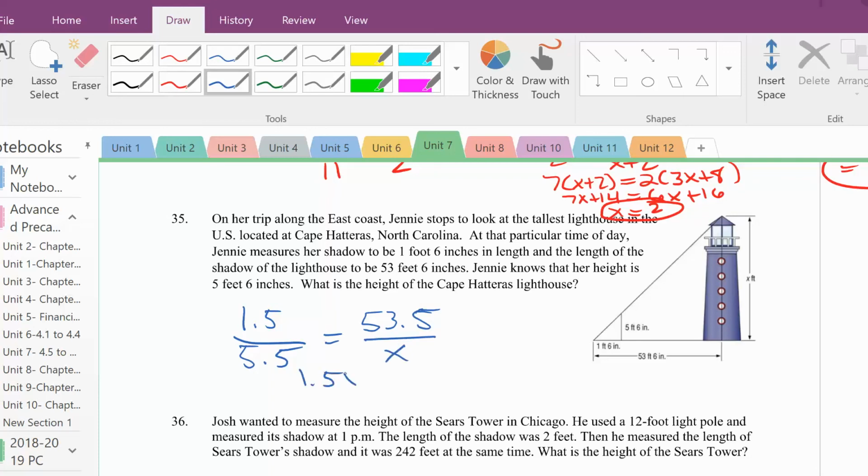So you cross multiply, and 53.5 times 5.5 gives you 294.25, divided by 1.5, and you get x is equal to 196.16 and so on. So it's about 196.2 feet.